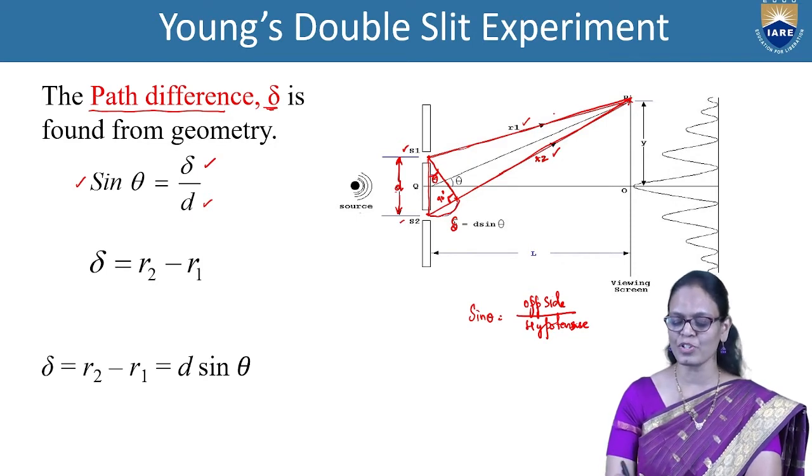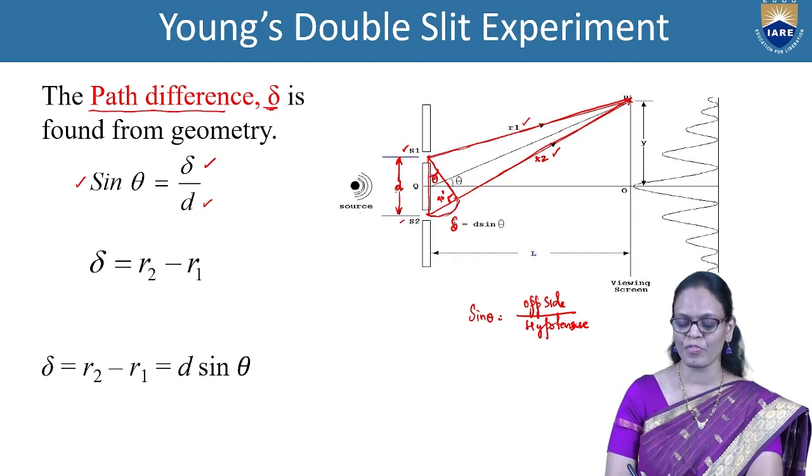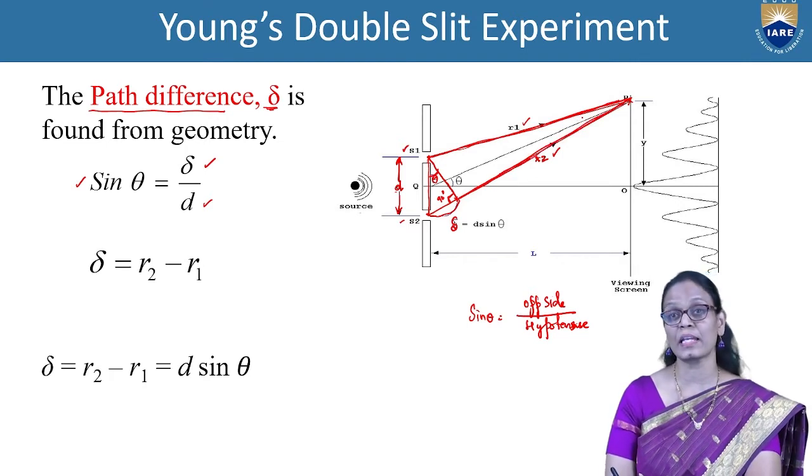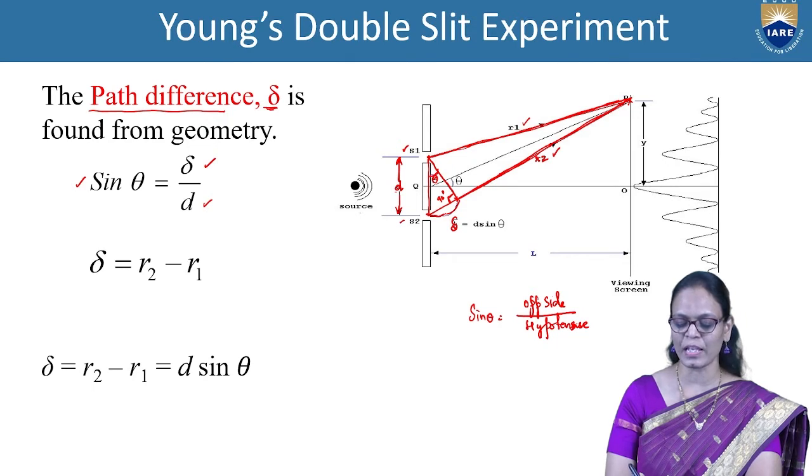And now from the geometry of the figure, if you have dropped a perpendicular from S1 onto this, from here the distance traveled by the two waves is the same. The only difference is delta. So we will call this the path difference.